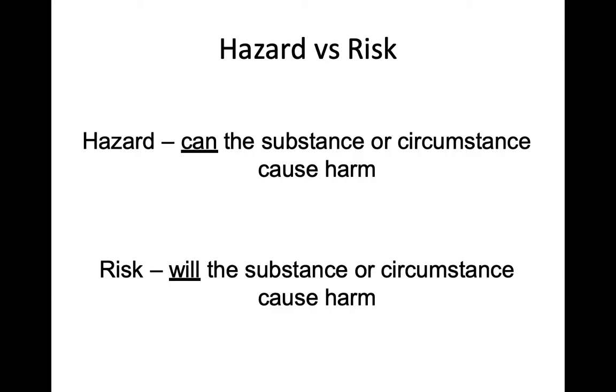So hazard: can a substance or circumstance cause harm? And then risk: will a substance or circumstance cause harm? So you can classify it these ways, and it might help later on as we move through these slides.